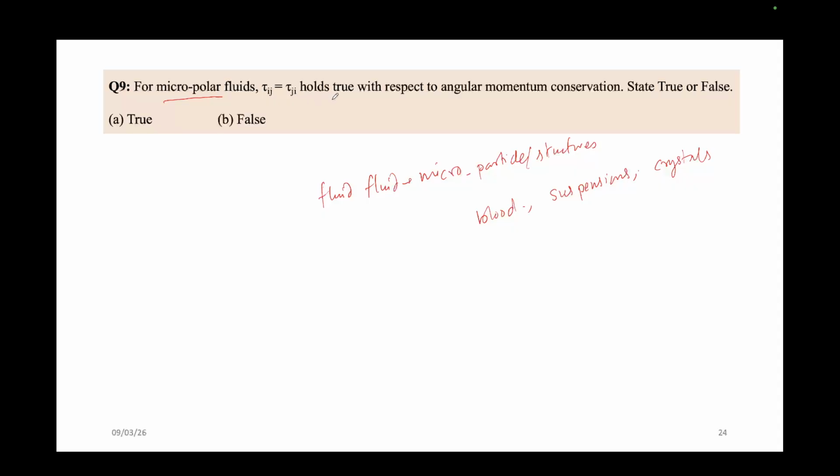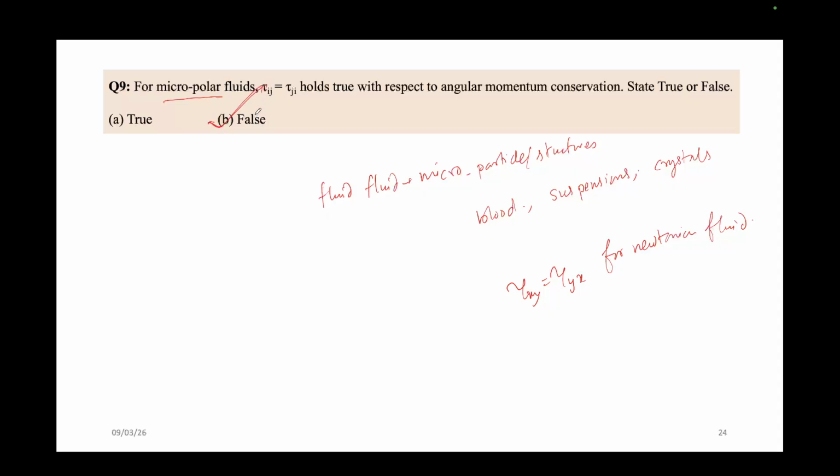Is it correct or not? It is correct only for other fluids, where tau xy equals tau yx.